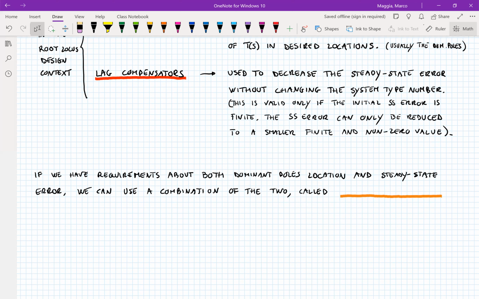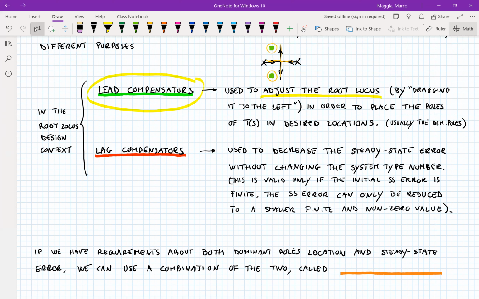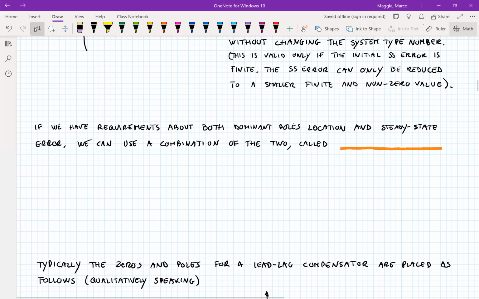What if you wanted to both adjust the root locus and meet the requirements for the steady state error? Well, you can use both a lead compensator plus a lag compensator in series. And so we're going to refer to this combination of compensators as a lead lag compensator.